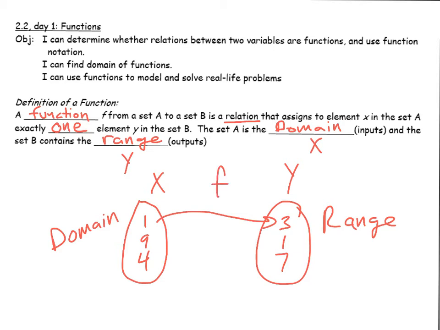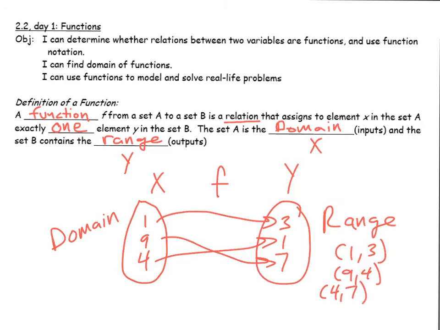Here's our function f. 4 goes to 7, 9 goes to 4, and 1 goes to 3, okay? That would tell us that this particular function, if we were to graph it, goes through the ordered pair 1, 3, the point 9, 4, and the point 4, 7, right?